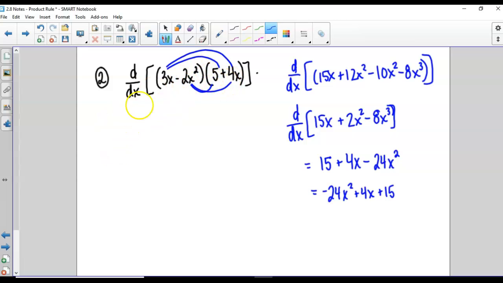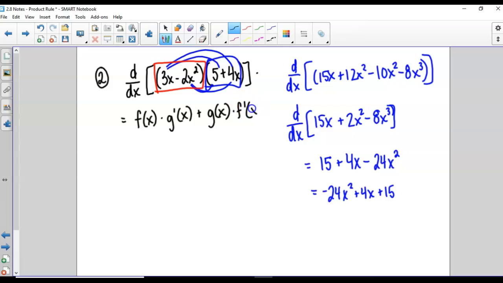So if we use the product rule, then we would need an f and a g function. The product rule tells us that the derivative is going to equal f of x times g prime of x plus g of x times f prime of x.